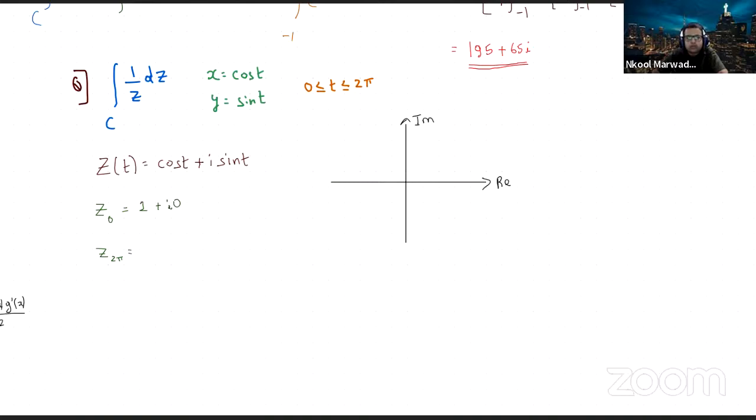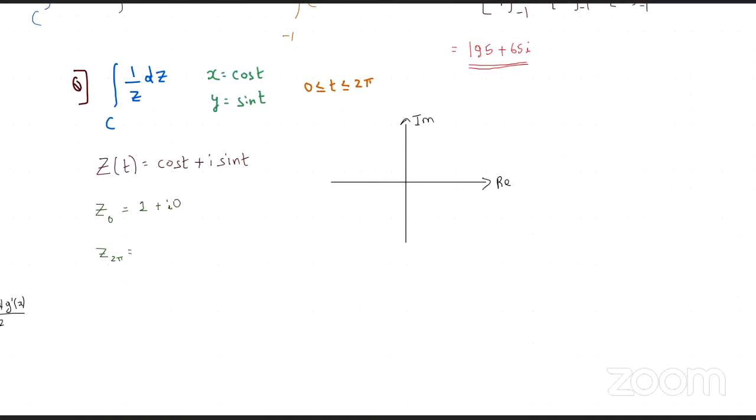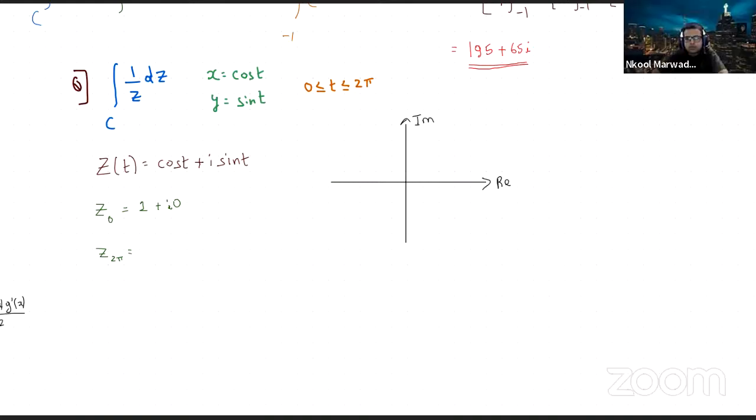And at 2 pi, you know what cos 2 pi is? 2 pi means 360 degrees, so going around pi by 2, pi, 3 pi by 2, 2 pi.